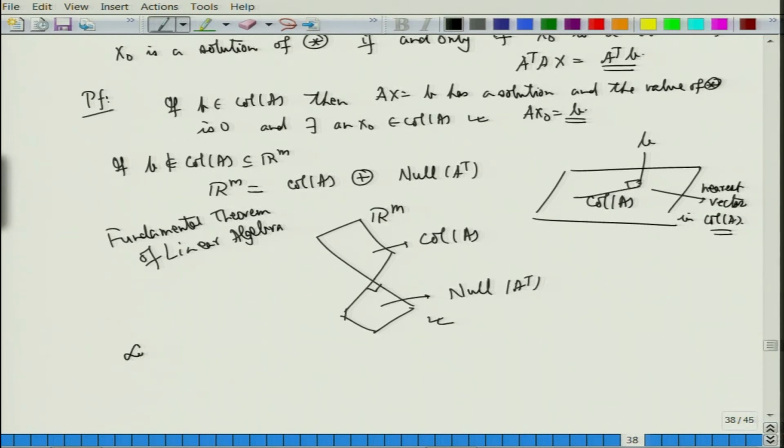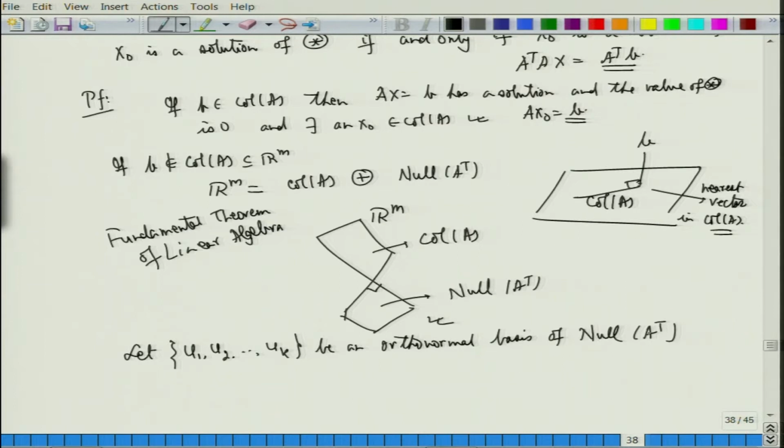So I can take a basis of this. So let u1, u2, uk be an orthonormal basis of null space of A transpose, fine. We can extend it to form a basis of Rm.